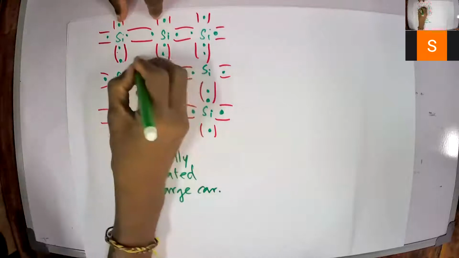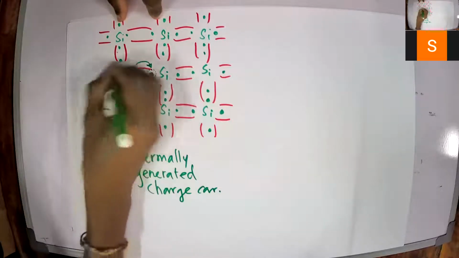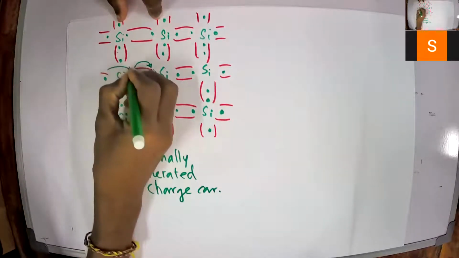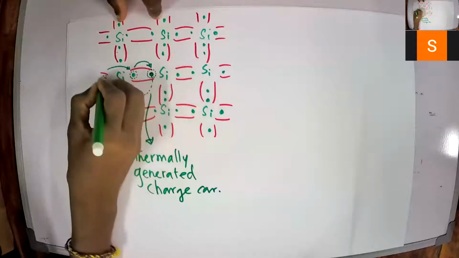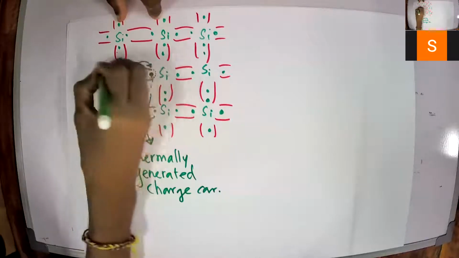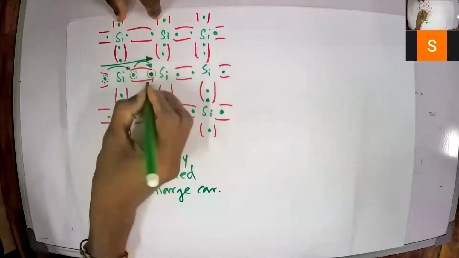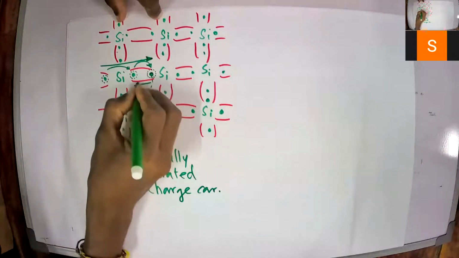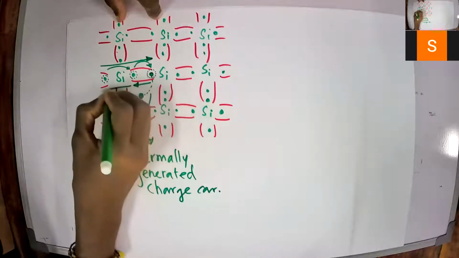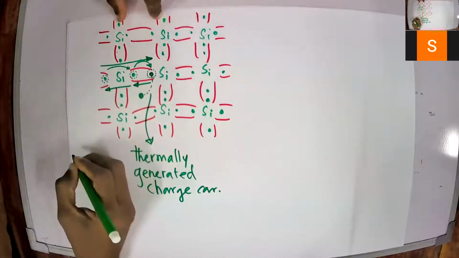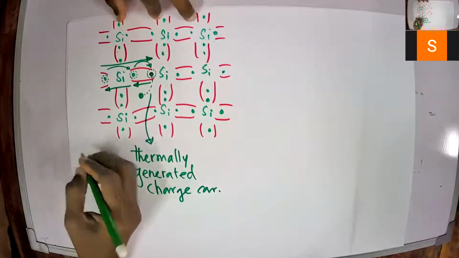Again, this electron can move here, and then the vacancy will be here. So you can see that there is a net movement of electron in this direction, but the hole moved from there to here and here to here. Clear?